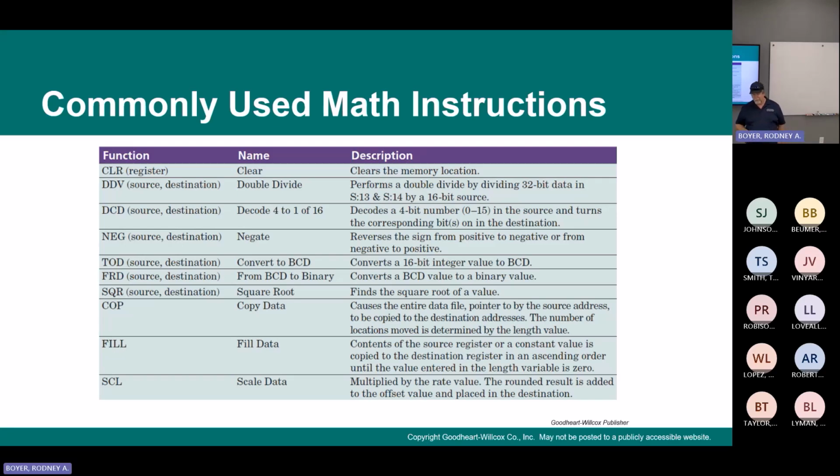Copy data: copy is used whenever you have data that you want to move from one register to another, but they're different types. If you're going to move from one bit file to another, you just move. If you're going to move from one integer file to another, you just move. If you're going to move from, say, an integer file into a floating point, you have to copy.